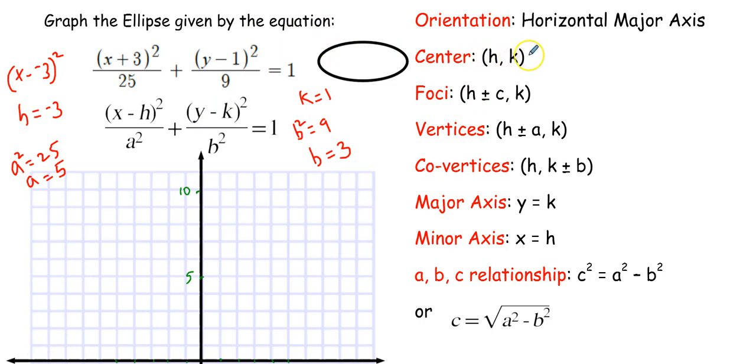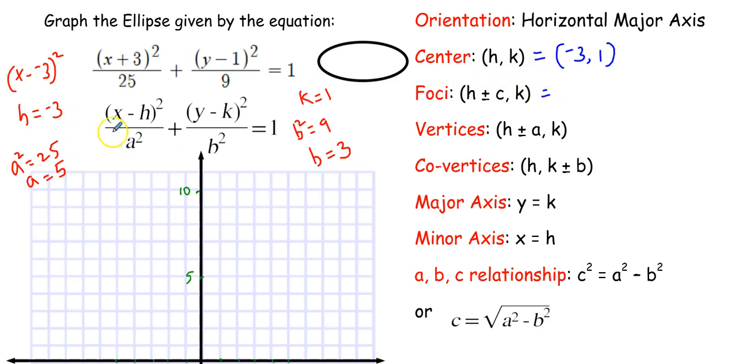First, the center. The center is (h, k). Your h is negative 3, k is 1. So negative 3 is the x coordinate of the center and 1 is the y coordinate. So you have your center. Now there are two foci. That's why you have to add c one time and subtract c. So let us do that.